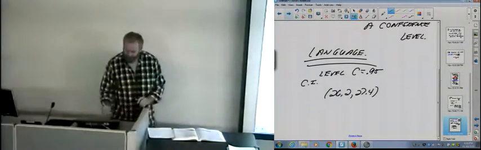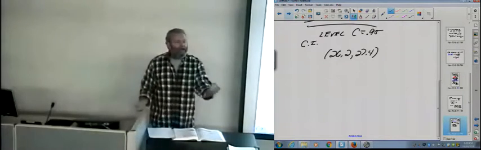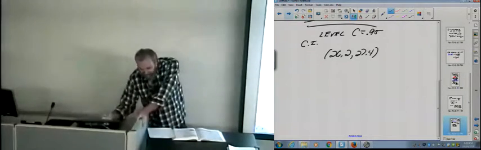So here's the language. We calculated that confidence interval. What we can say about it is this.